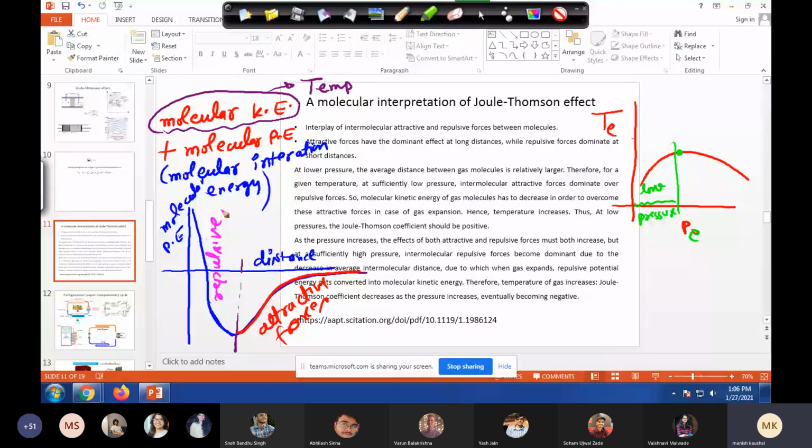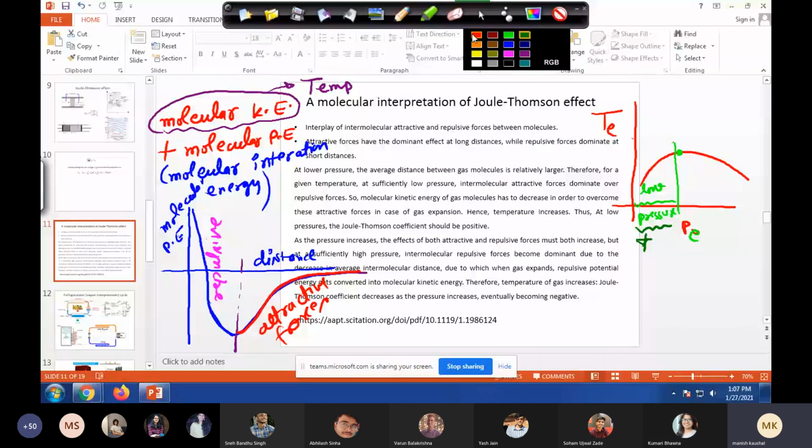So when you are in the low pressure regime, you said that the molecular distance is relatively larger. If it is larger, then which forces dominate, attractive or repulsive? Bhavna? Sir, your voice broke. Can you just repeat once? I said that when we are in the low pressure regime, the molecular distance is larger, that's what you said.